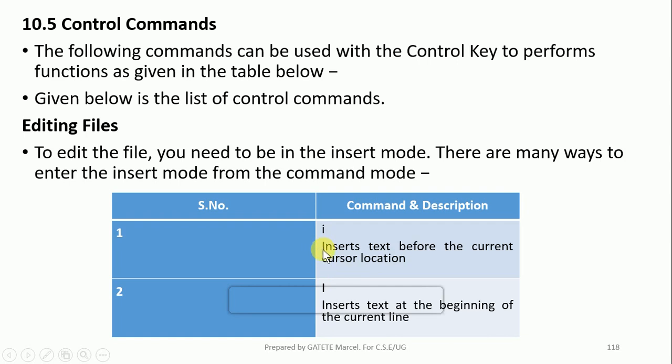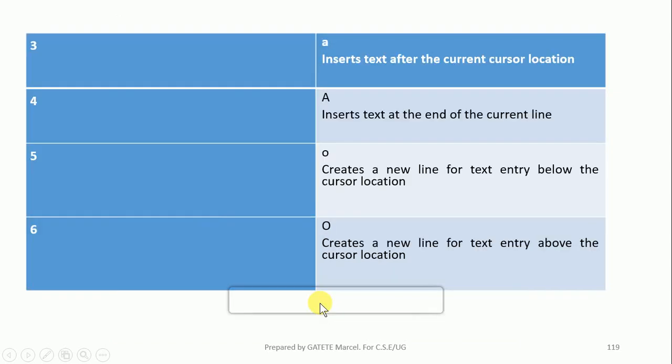Pressing lowercase I will insert the text before the current cursor location. If I put uppercase I, it will insert the text at the beginning of the current line.